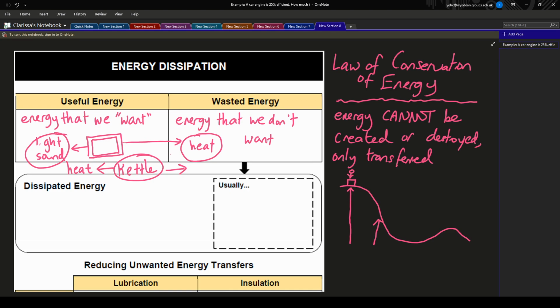Now, imagine you're switching on the kettle, you have heat energy going, that's what you want, but what other energy forms do you spot? Can you spot where it's not going to be useful to you?